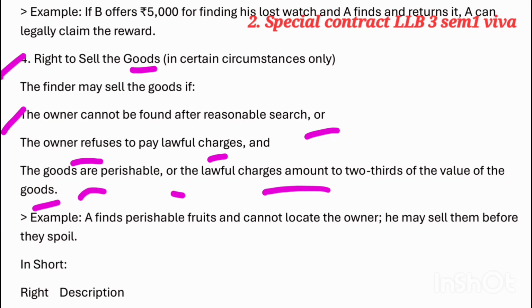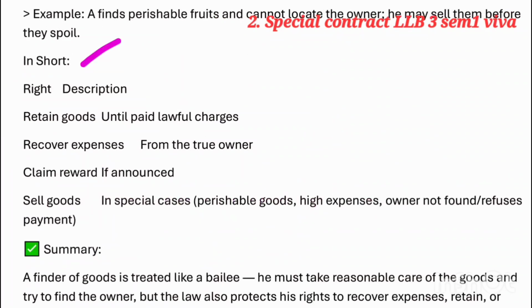Example: A finds perishable fruit and cannot locate the owner. He may sell them before they spoil.